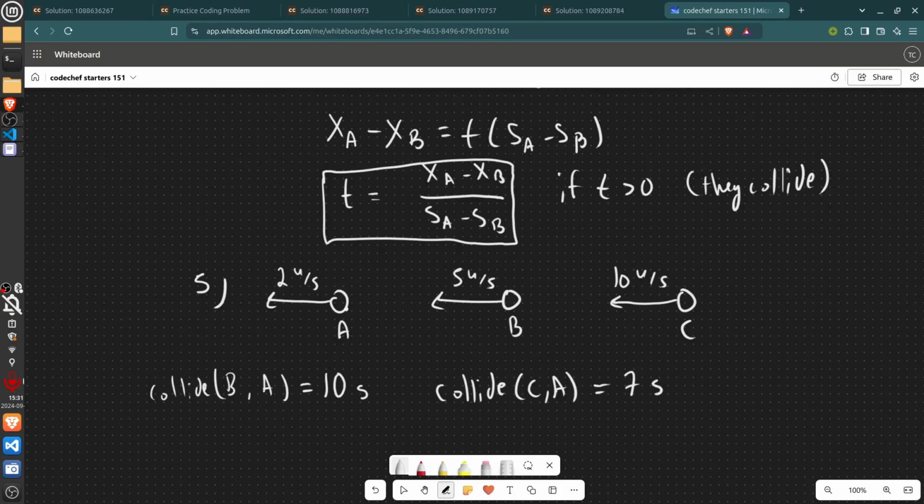So technically C will collide with A before B will even collide with A. But the argument here is that anytime you have a ball C and it's going at some speed, all you have to do is look at the balls to the left of it and calculate, collide with them.